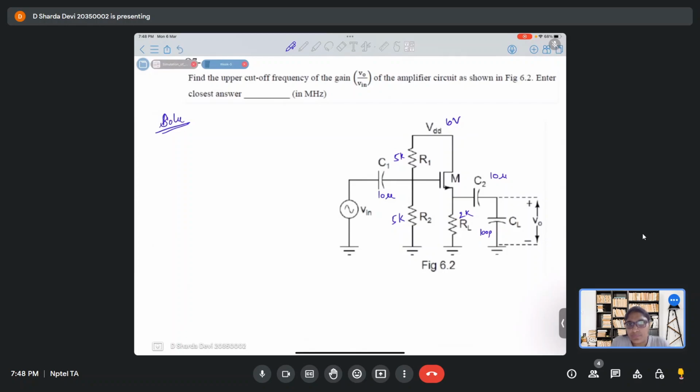No, right? So when there is an AC signal coming, let's say I name the nodes A, B, C. Did I leave any node?